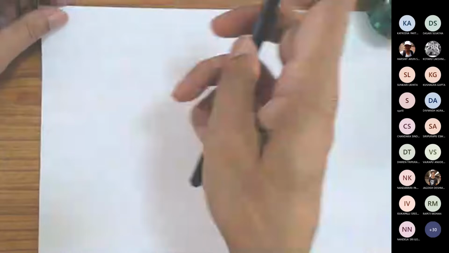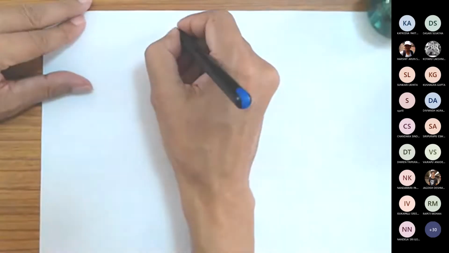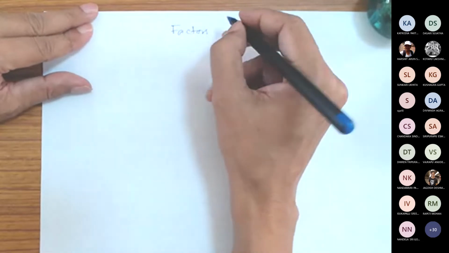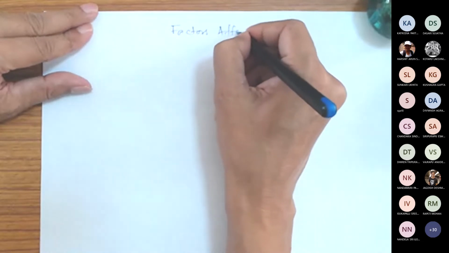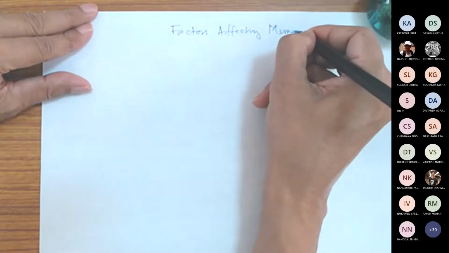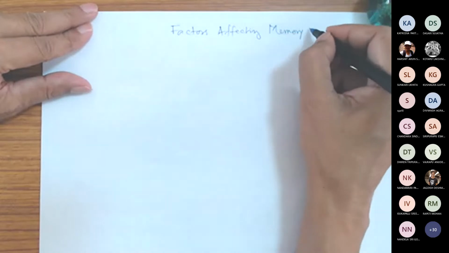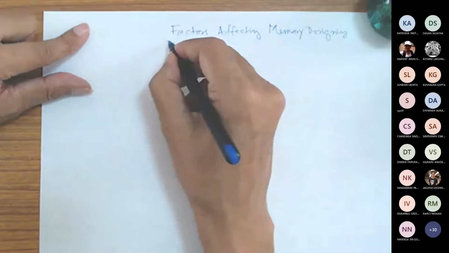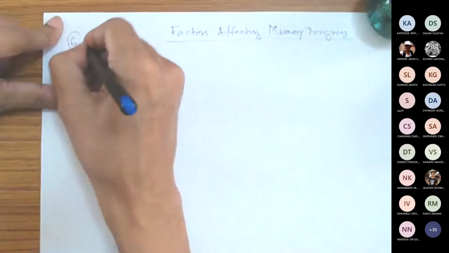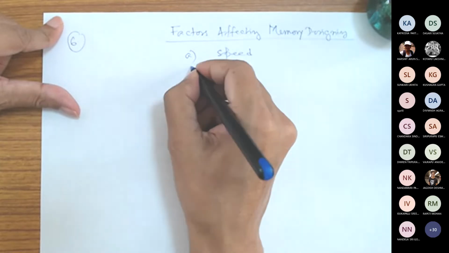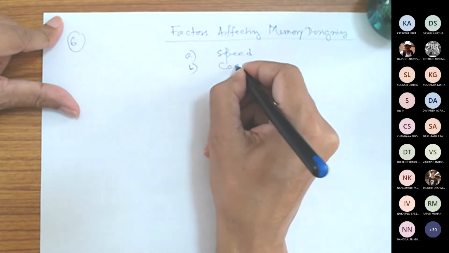So let me write the factors affecting memory designing. We identified speed, then cost.